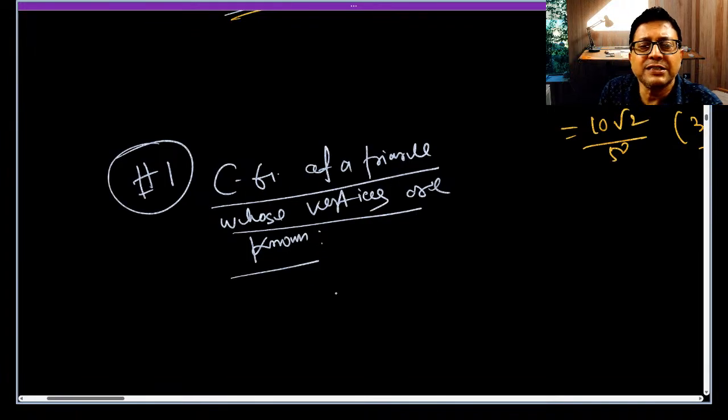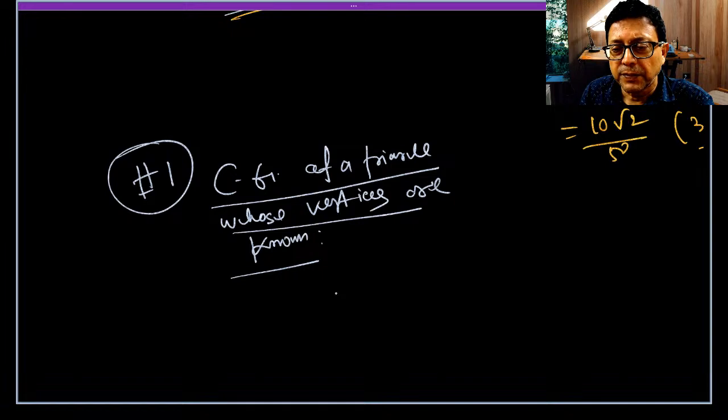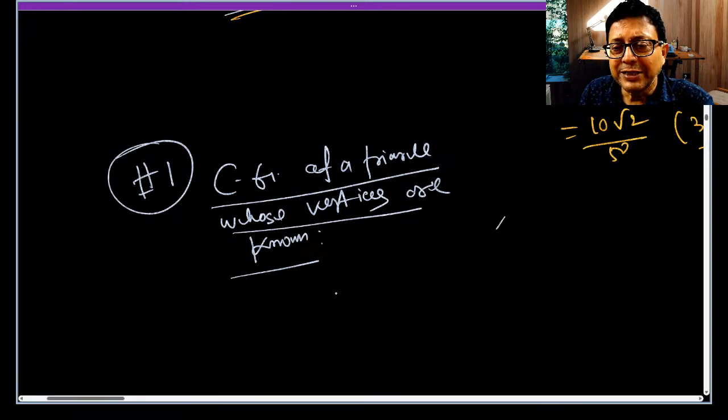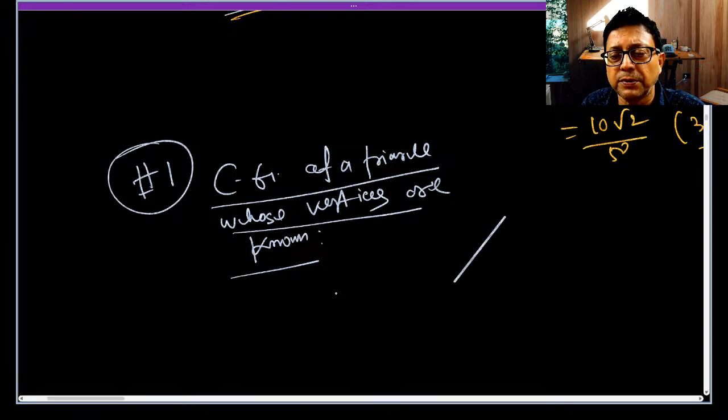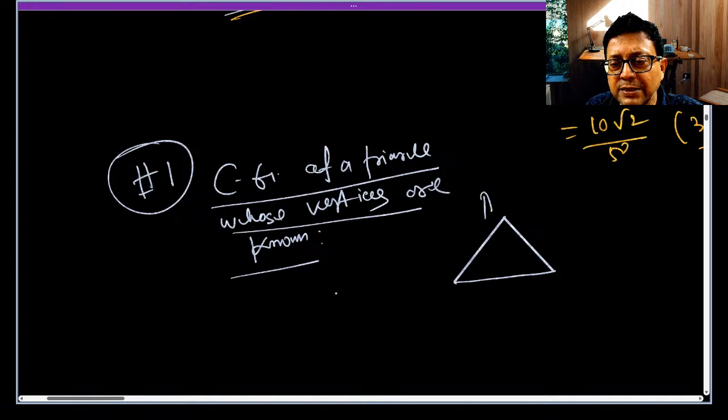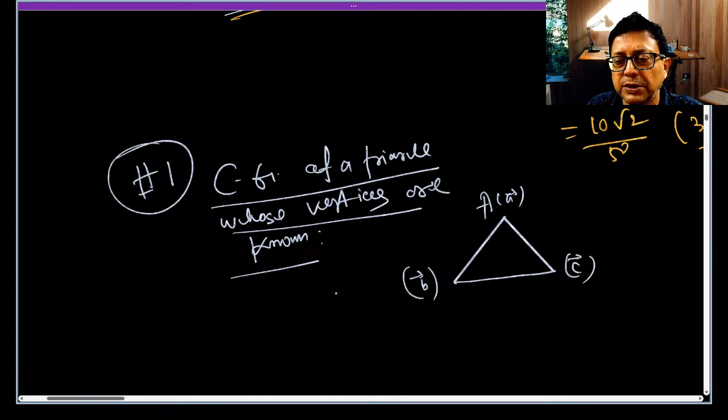Yes, to find center of gravity of a triangle whose vertices are known. Take position vectors of the three vertices as A, B and C. Center of gravity means it will divide a median in the ratio 2:1.